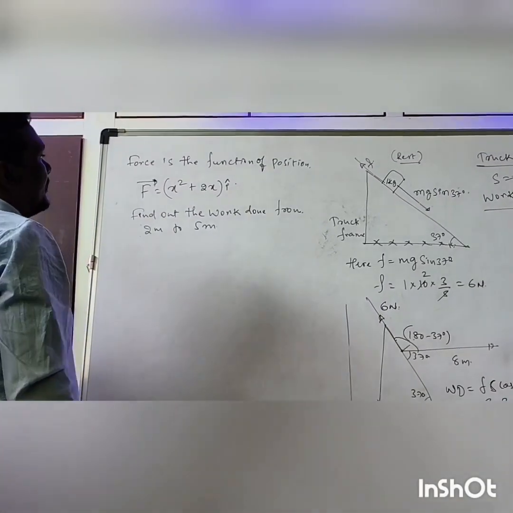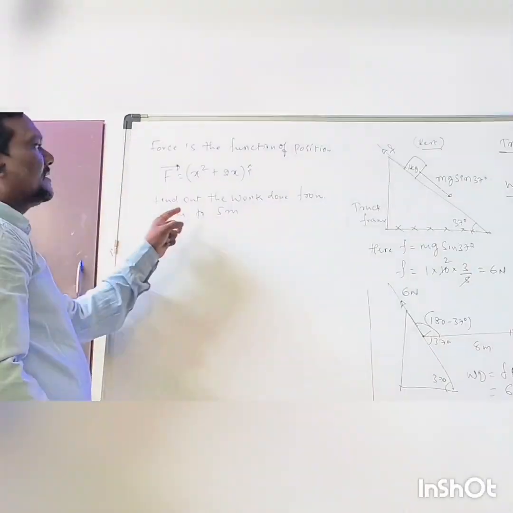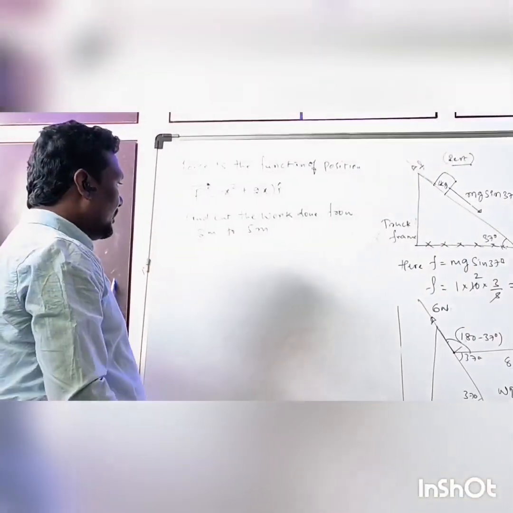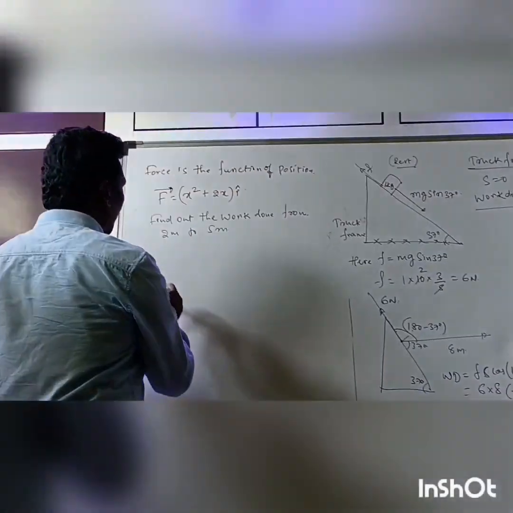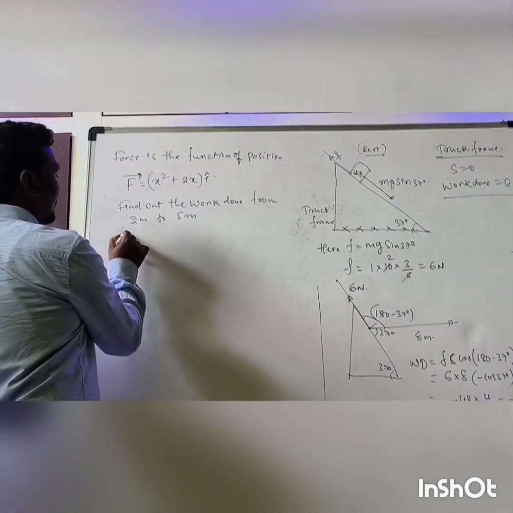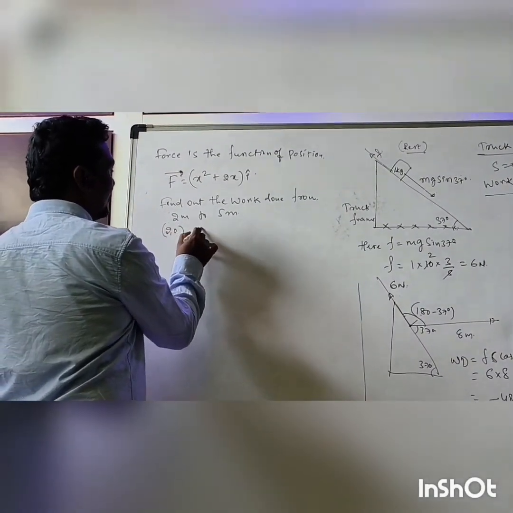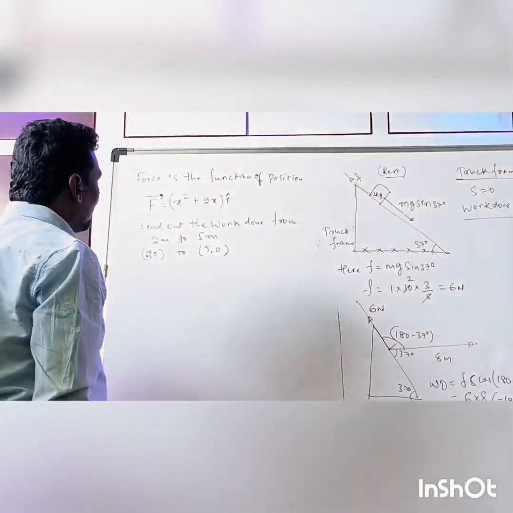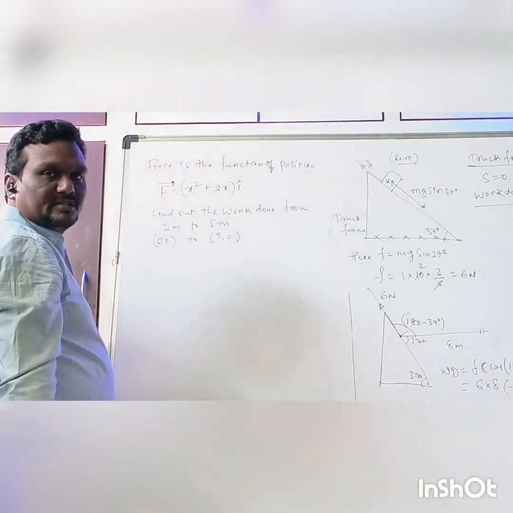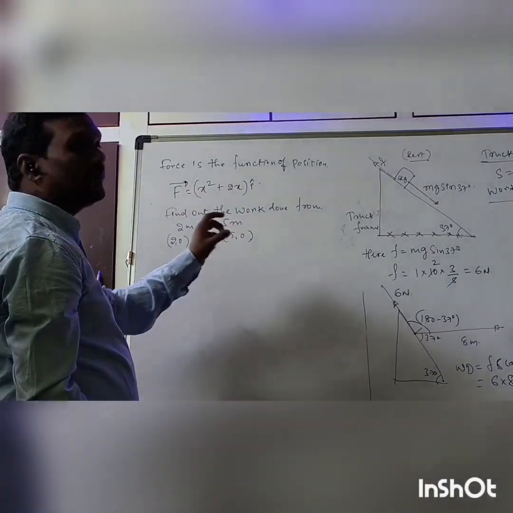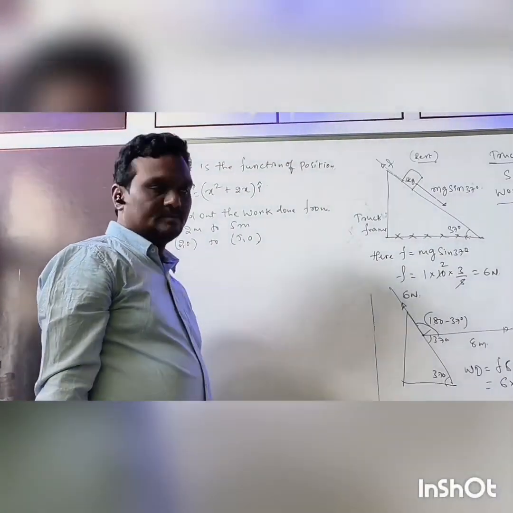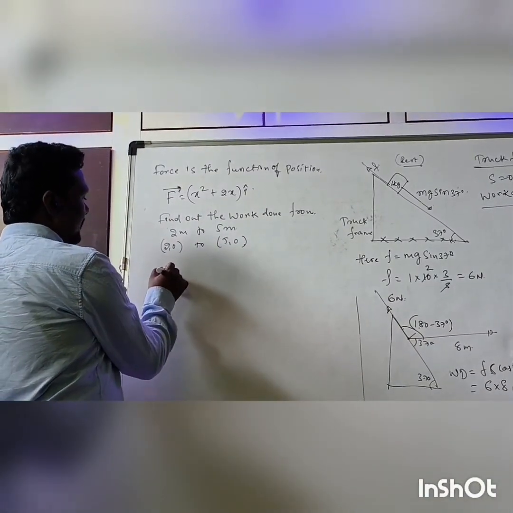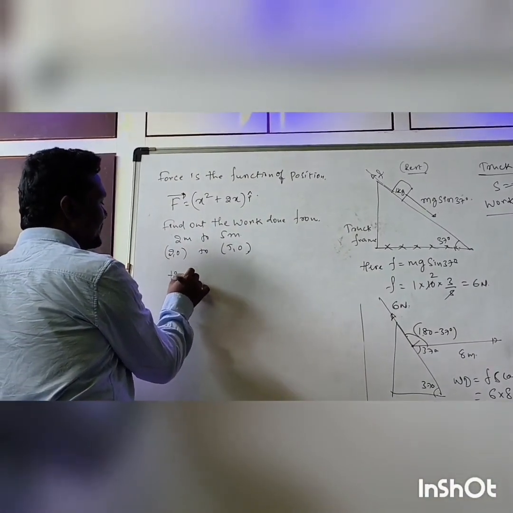Now this is variable work, and if you take the coordinates, I can write it as 2, 0 to 5, 0. Whenever you get a variable force, the work is said to be done by the variable force. Don't directly apply the formula. What is displacement?